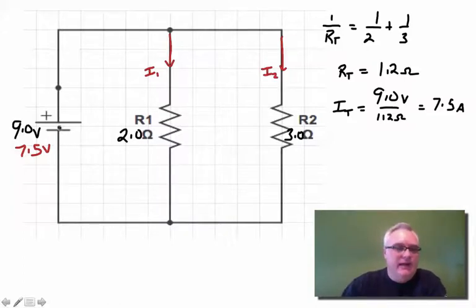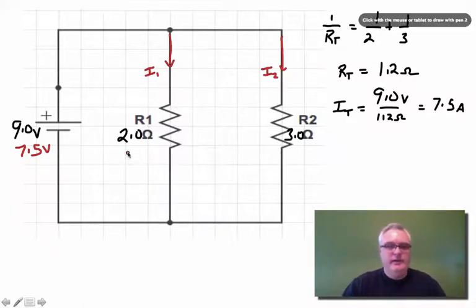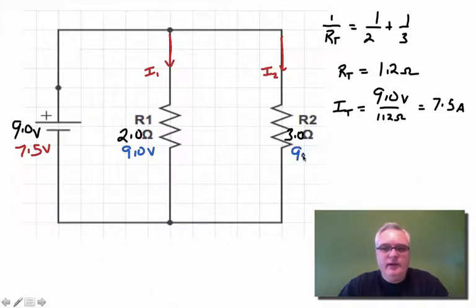So it's going to gain 9 volts here, it's going to travel around the circuit, and if it takes this path, the only resistor it passes through is this resistor. So the 9 volts of energy potential that it has is the 9 volts that it loses in this resistor. So the voltage here is 9 volts. Same thing over here. It will also be 9 volts.